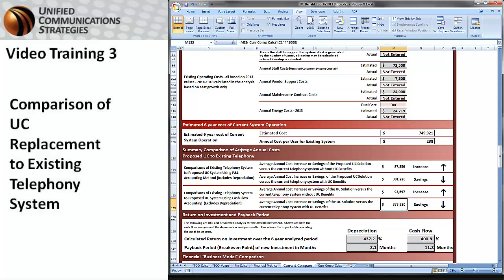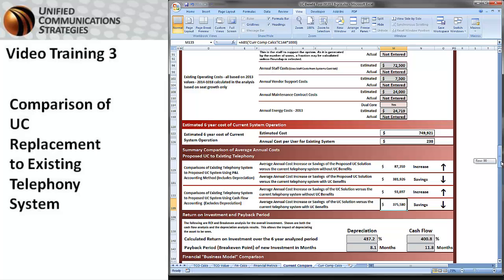So you see that using both the cash flow and depreciation analysis, there's an increase versus the existing system for a UC solution of about $90,000 a year. But when we take into account the UC benefits, the savings are actually $380,000 a year. So when we add the total savings in, this becomes a great value.